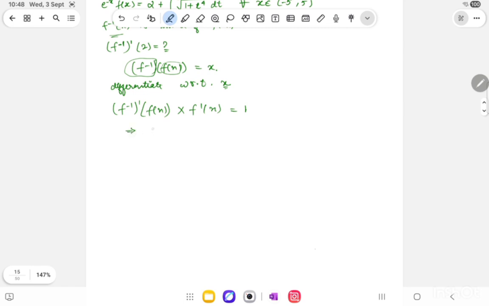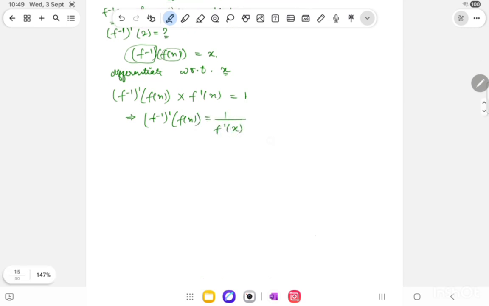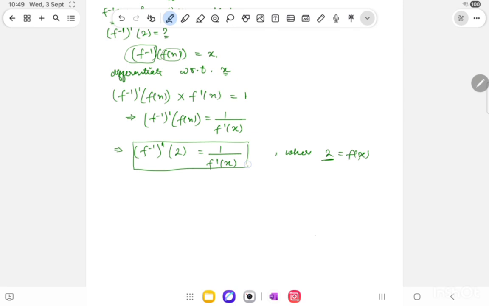So from here I get the derivative of f inverse at f(x) is equal to 1 upon f dash x. And I am supposed to find the derivative of f inverse at 2, that is equal to 1 upon f dash x, where 2 is equal to f(x). So if I can find the value of x for which f is taking value 2, I can find this easily.